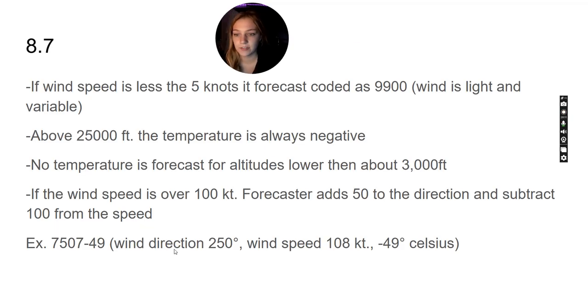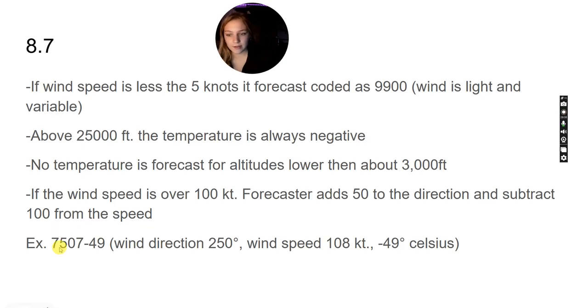If the wind speed is over 100 knots, the forecaster adds 50 to the direction and subtracts 100 from the wind speed. So that's really weird. I hate that they do that. But anyways, you'll know because this number right here will be too big, it will be more than 360, so it wouldn't work.